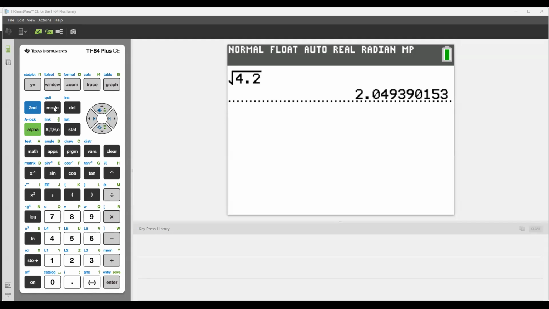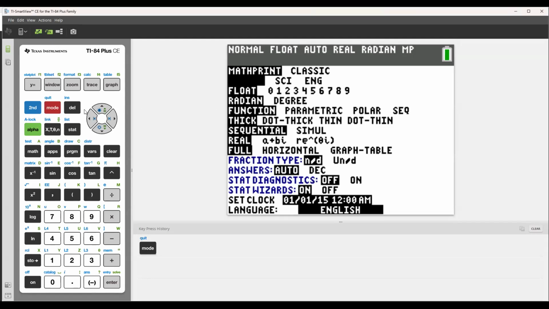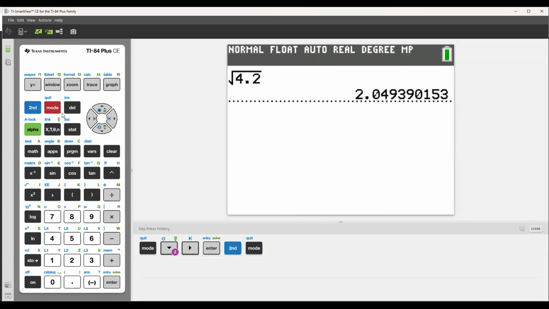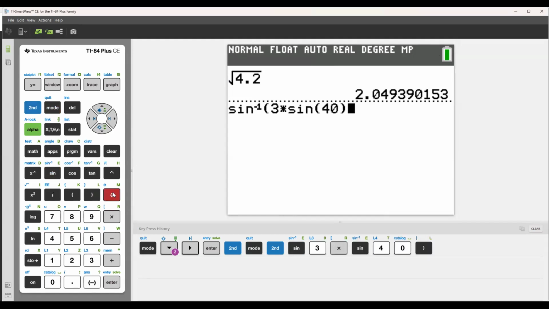First of all, make sure that the mode of your calculator is changed to degree. And then input sine inverse of 3 times sine of 40 degrees divided by 4.